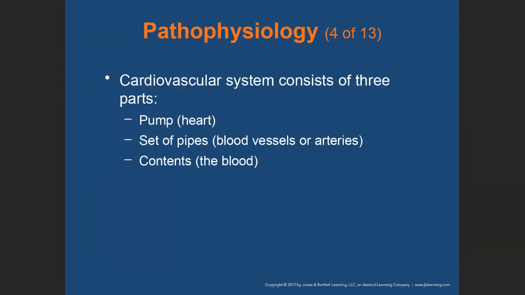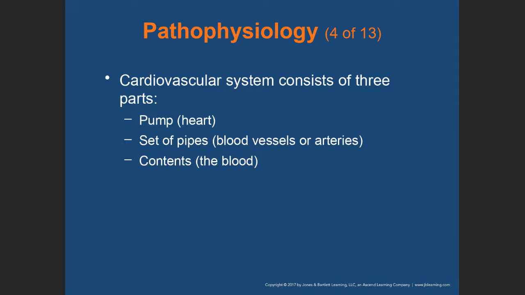These three components, working in conjunction with the respiratory system, will allow us to have good perfusion. So these three components form the perfusion triangle. Any one of these components can have complications, and depending on which component is affected, it will determine the type of shock that the patient goes into.